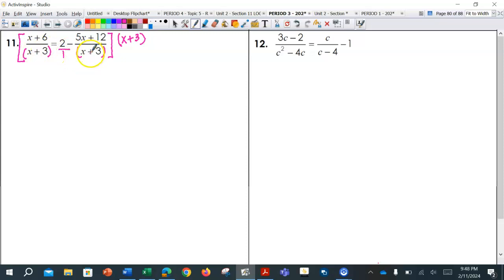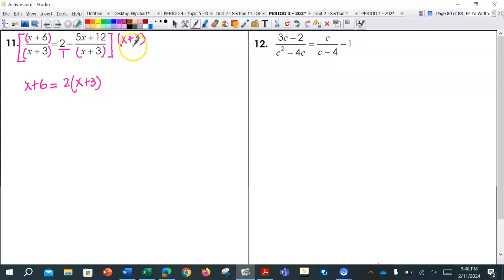So what they have in common is x plus 3, and they don't have in common 1, but 1 doesn't affect anything. So I multiply x plus 3 times x plus 6, and that means that they cancel the denominator with what I'm multiplying, so we end up with x plus 6 here. And on the other side, 2 times x plus 3.